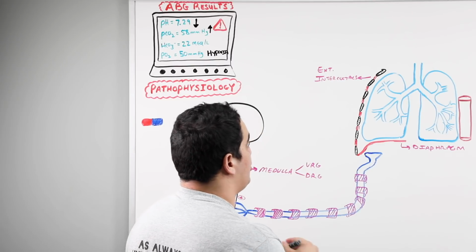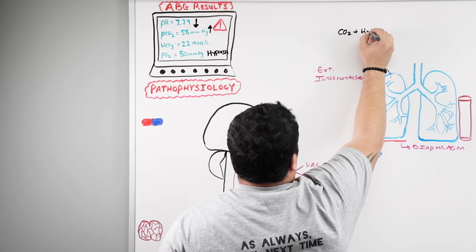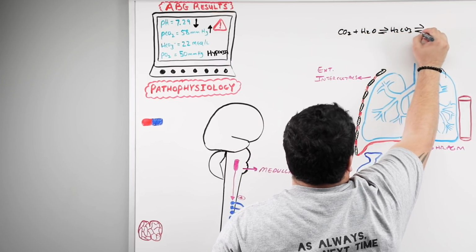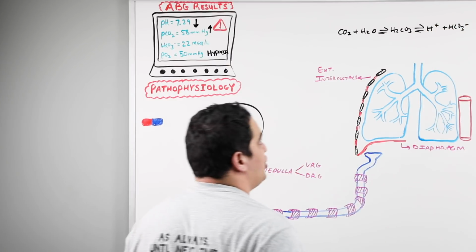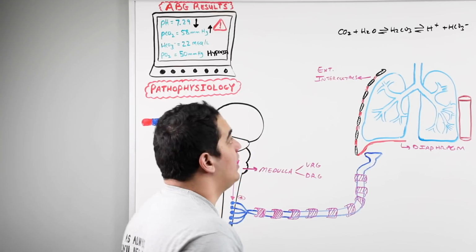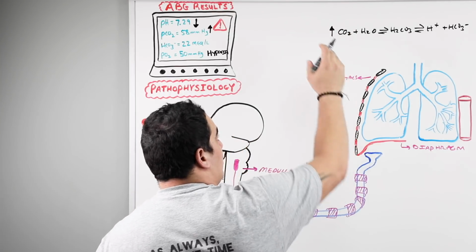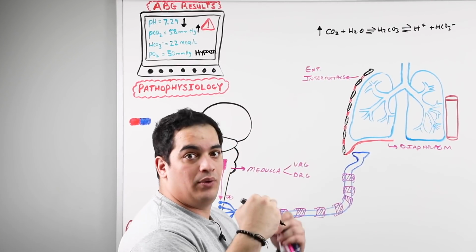Go back to your equation here. If we say that CO2 plus water yields carbonic acid, which breaks down into protons and bicarb, what did we say Le Chatelier's principle supports? If you increase the concentration of a particular molecule on one side of the reaction, it's going to shift to the opposite side to maintain equilibrium.